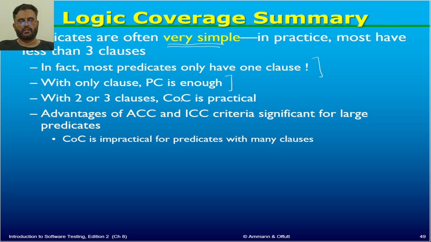If you have 2 or 3 clauses, then you can think about using the combinatorial coverage strategy. In other cases, when there are more than 3 clauses, you can think about active clause coverage and inactive clause coverage. Combinatorial coverage is impractical for predicates with many clauses, because in that case the number of tuples or rows in the truth table increases exponentially.